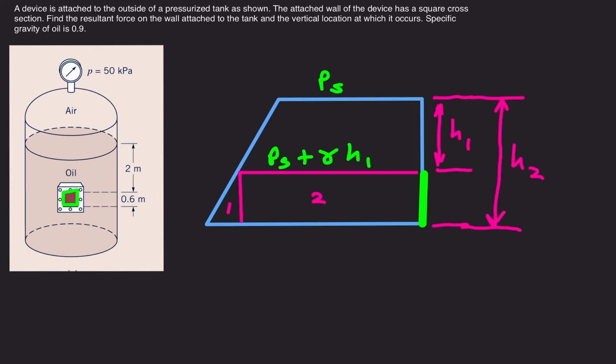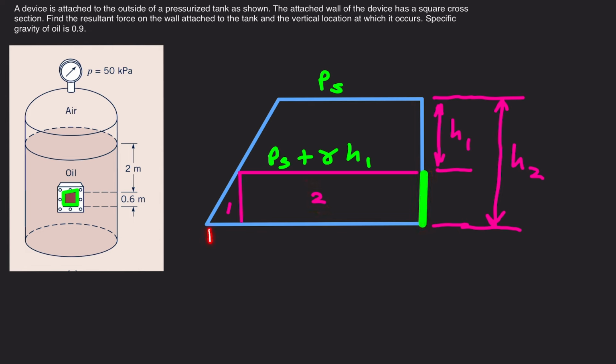We can determine this length quite easily. We know these lengths, so H1 in this case would be 2, H2 would be 2 plus 0.6, and just looking directly, this is 0.6. So that's known. And we also know that our section here of our surface is square, so we know the depth. So we can calculate the volume of 2 as things stand right now.